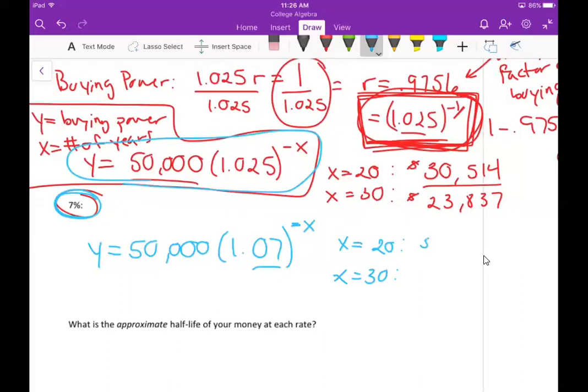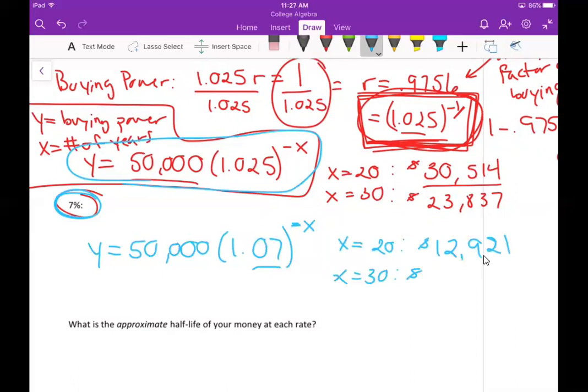And you'll see after 20 years, you'll already be down to a buying power of $12,921, meaning that with that same $50,000, you're only going to be able to buy about $12,000 or $13,000 worth of goods, what $13,000 worth of goods would have been 20 years ago.